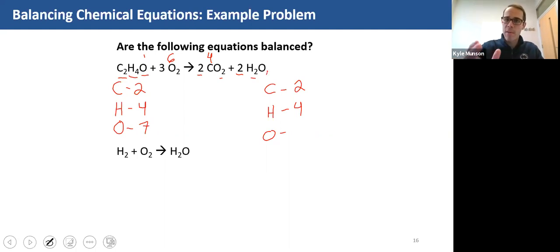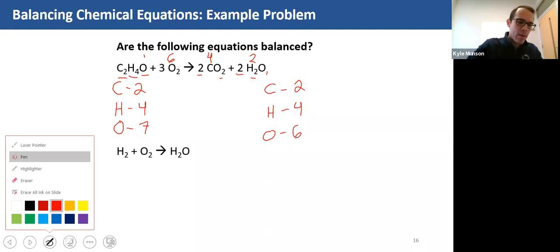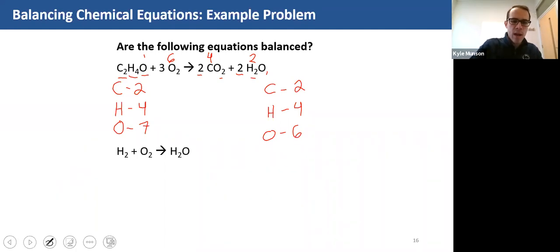If you remember from our video on chemical formulas, there's a 1 there that's implied. It's not imaginary. So we have 2 oxygens there, so that's 6 oxygens. So no, this equation is not balanced, because we do not have the correct amount of oxygens on either side. We have 7 on the reactant side and 6 on the product side. So the answer here is no.